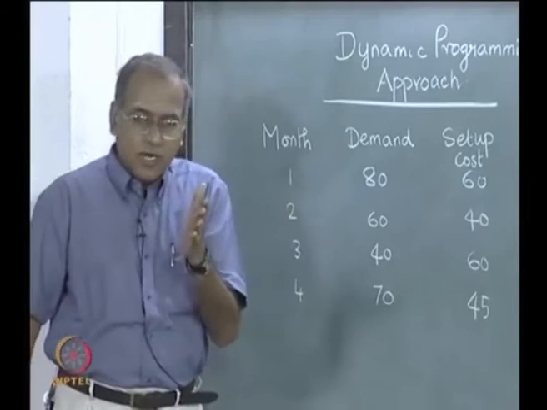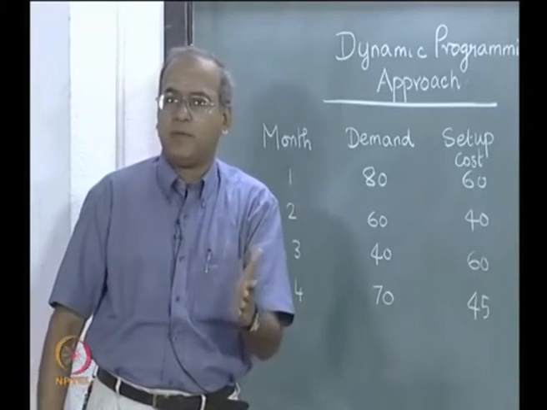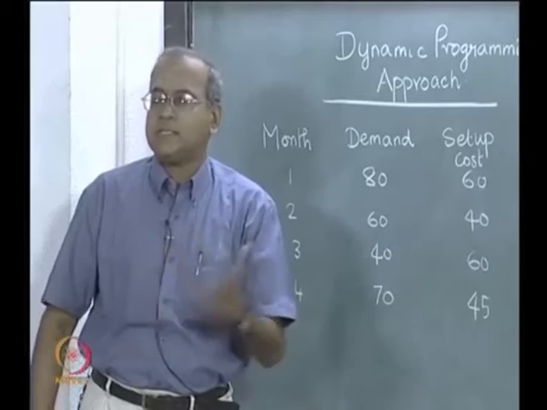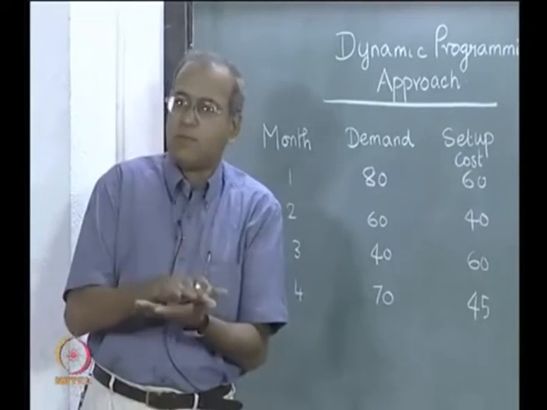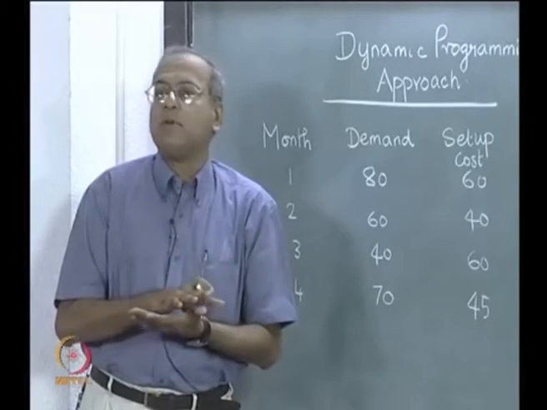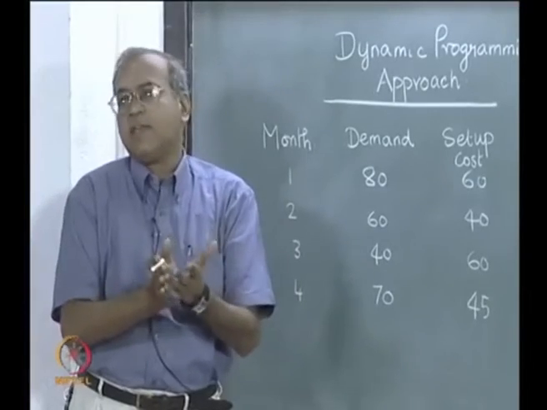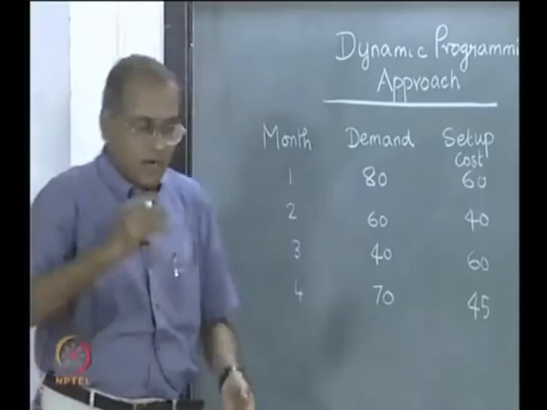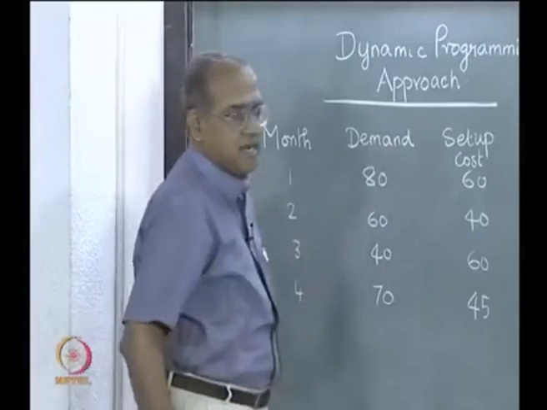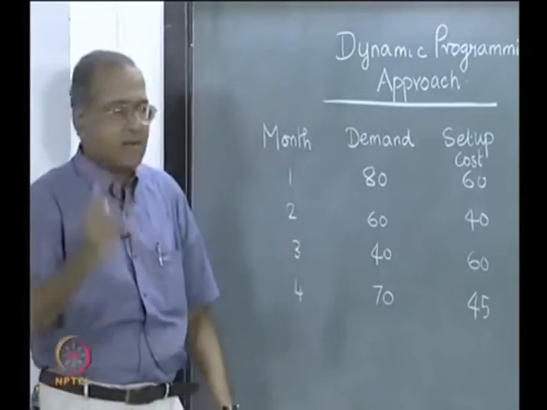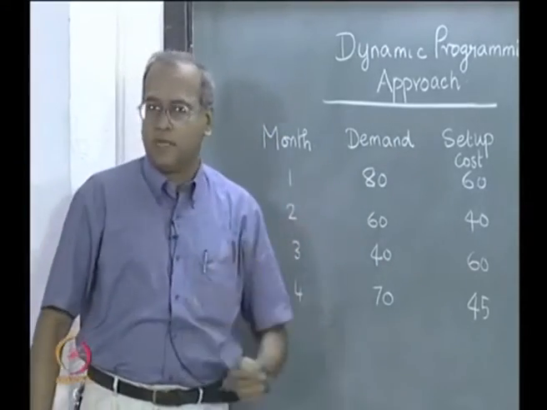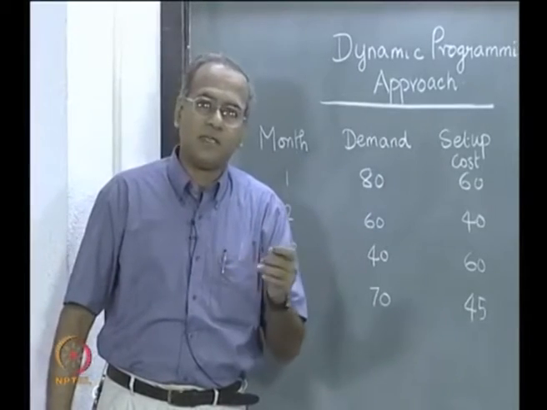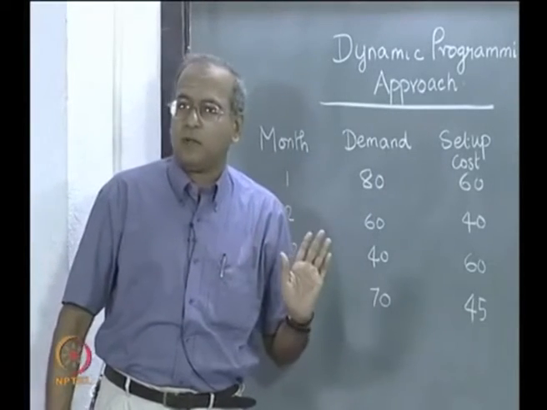So if there is only going to be one setup in a particular period, then what we produce should be able to meet the demand of the entire period. One other important assumption is that the demands have to be met at the beginning of each of these periods. Shortages and back orders are not allowed in this particular model.